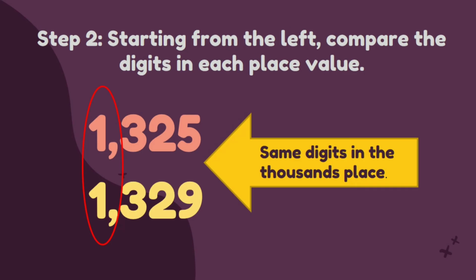Step 2. Starting from the left, compare the digits in each place value. We have the same digits in the thousands place, which is 1. We also have same digits in the hundreds place, which is 3. We also have same digits in the tens place, which is 2.